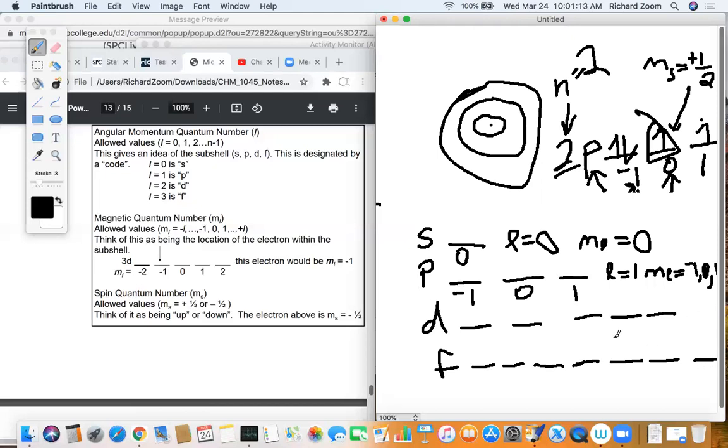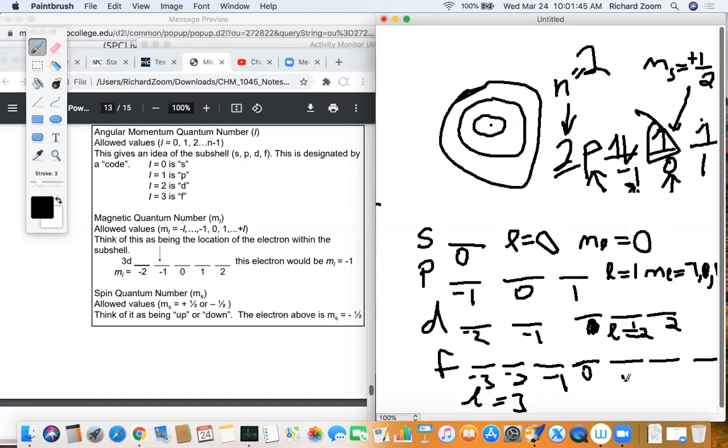For D, the value is L equals 2, which means that this can be negative 2, negative 1, 0, 1, or 2. This is why there's 5 orbitals in a D subshell. And for F, L equals 3, which means the values can go from negative 3 up to plus 3.